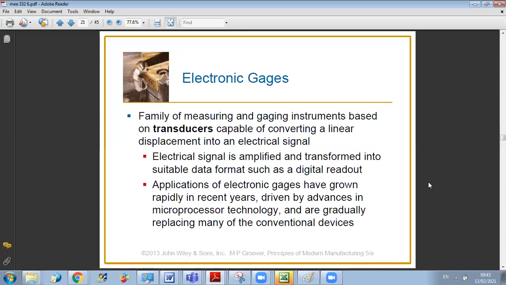The electrical signal is amplified and transformed into a suitable data format, such as a digital readout. Applications of electronic gauges have grown in recent years due to technological advancement, okay? And this is due to microprocessor technology and computer technology that are replacing many of the conventional devices.